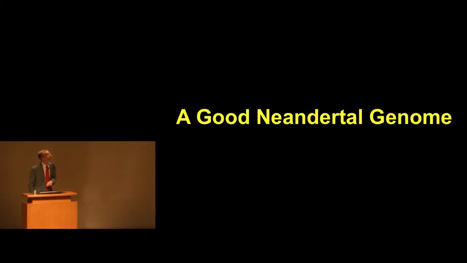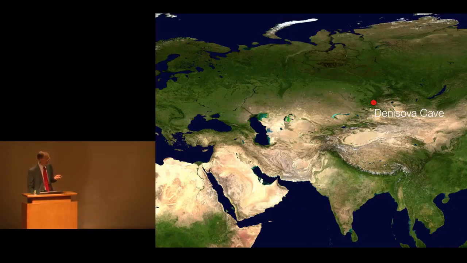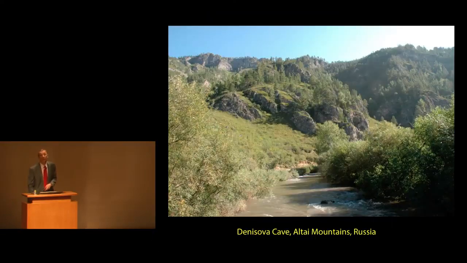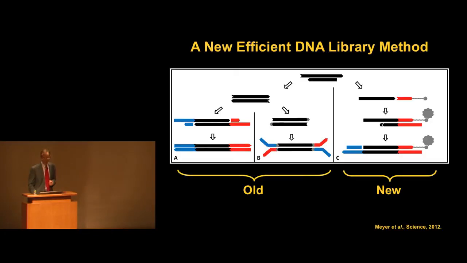So what we have since done in 2010 is to generate a much, much better Neanderthal genome. And that is due to collaboration with academician Anatoly Derevyanko in Russia, who excavate at this site, the cave site, the Denisova cave in southern Siberia, this beautiful place, where in 2010 they found a toe bone that turned out to come from a Neanderthal.